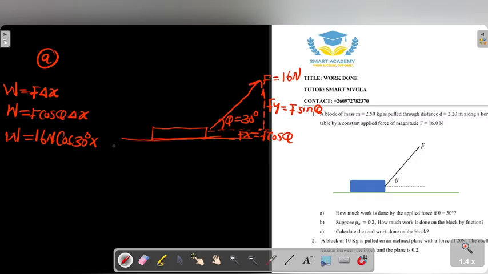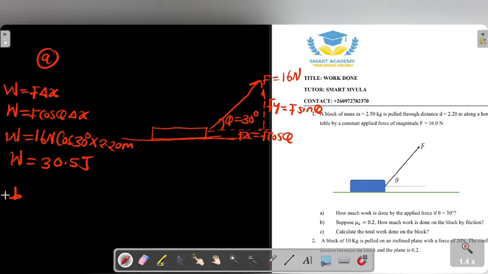Just punch that in our calculator, and we get the work done, which is 30.5 joules. So this becomes the work done by the applied force.